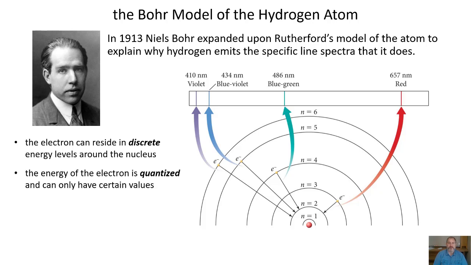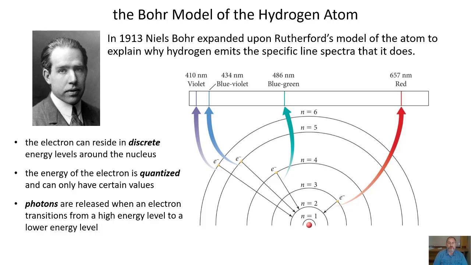He also stated that the energy of the electrons is quantized and they can only have certain values, and that the light being emitted by the hydrogen is due to photons being released when electrons go from a high energy level to a lower energy level. But let's take a look at this model step by step in greater detail.